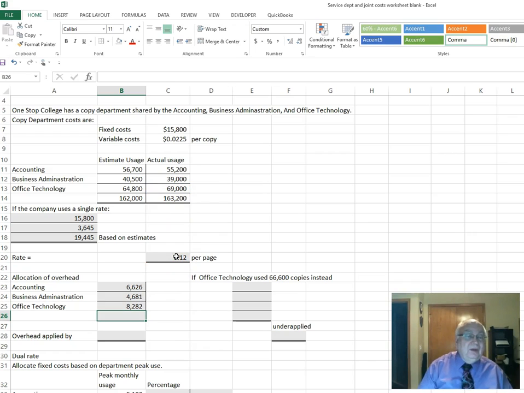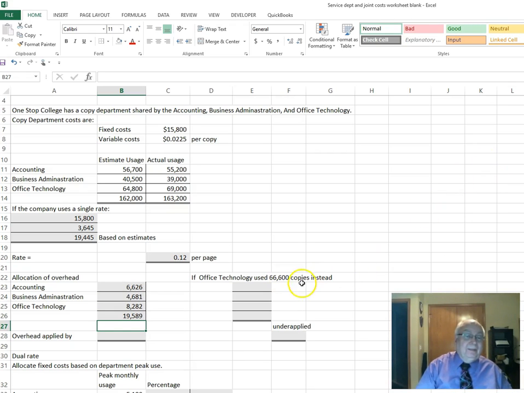Remember, for allocating overhead, the estimated usage is used to come up with the rate, but then you take the rate times the actual usage, and then we add those up, and that gives us $19,589. So what happens on this one is it's over applied, because we applied 19,589 and we should have had 19,445. So we over applied it by $144.